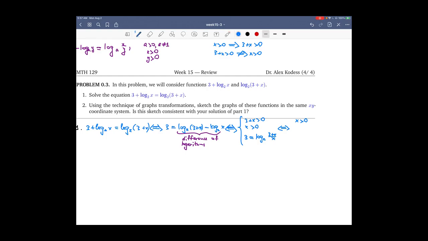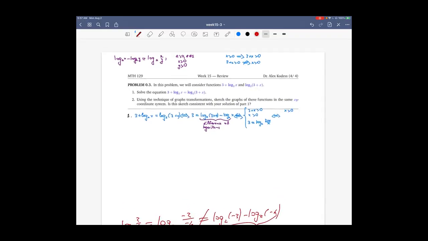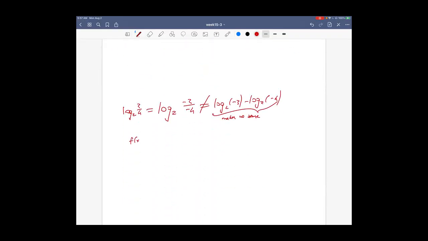Remember that whenever you have equality f at x equals g at x, that is equivalent to a to the power f at x equals a to the power g at x, provided, of course, that a is positive and a is not 1.